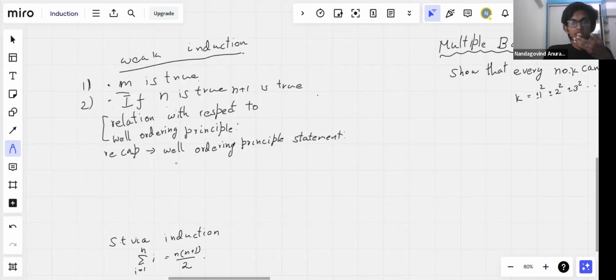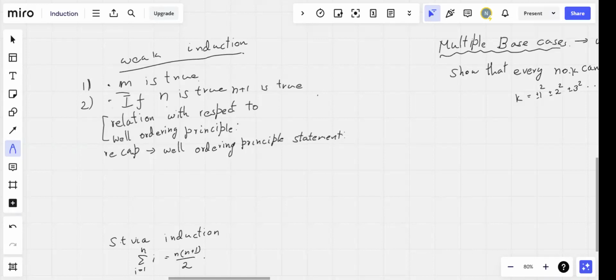So can someone state the well ordering principle's statement? I would recommend you say it so that I can write it without having to flip tabs. We can arrange the positive integers and say that a is greater than or equal to b, or b is greater than or equal to a, or a equals b.